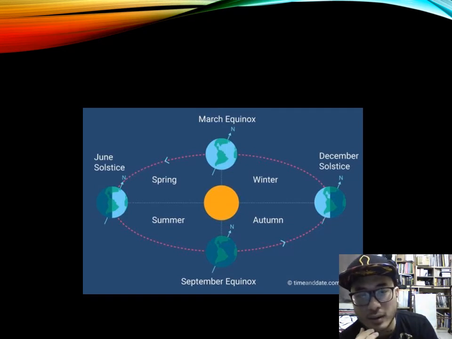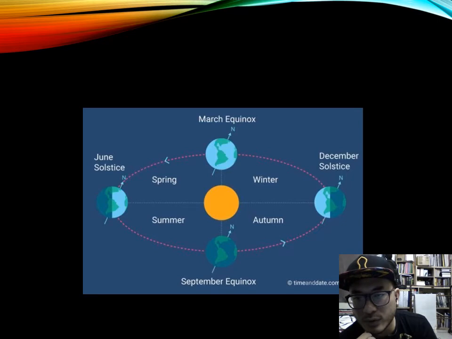It is because the position of the Earth's axis is a little bit tilted. That's why we are experiencing different kinds of seasons throughout the year between the northern and southern hemisphere. They always have different seasons.